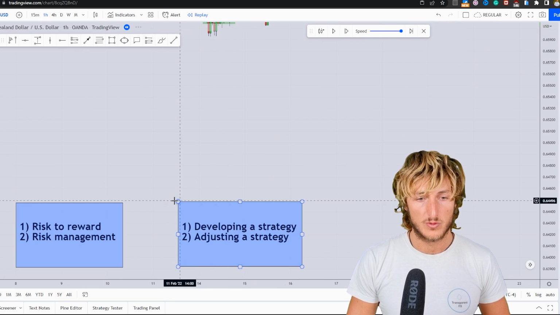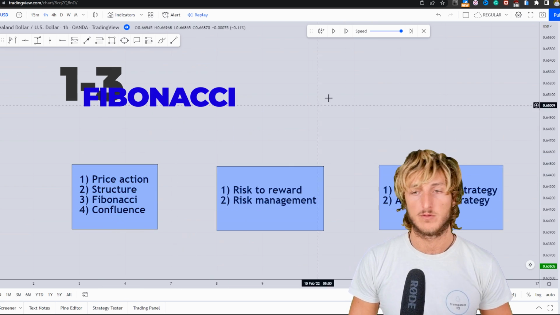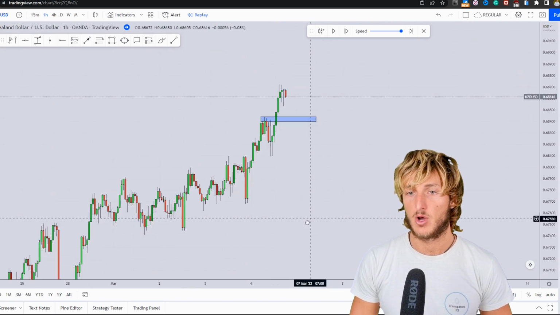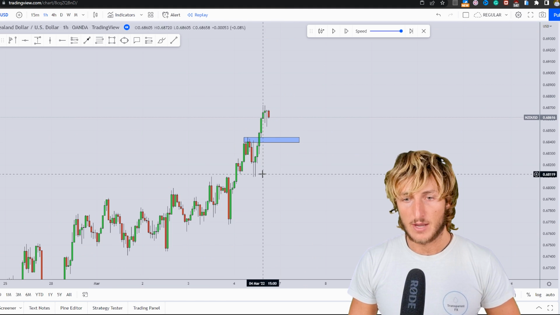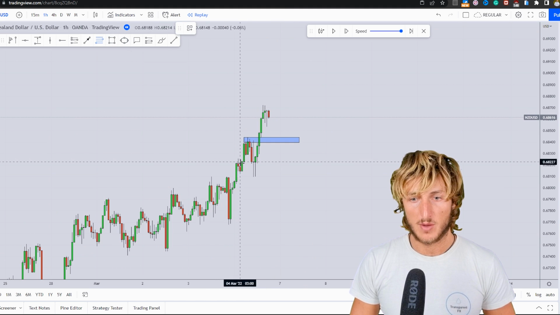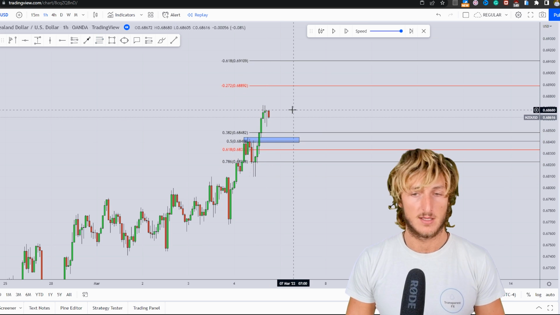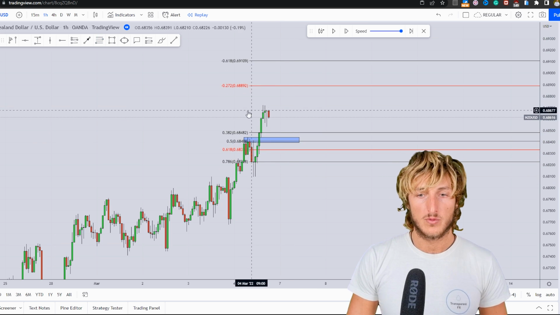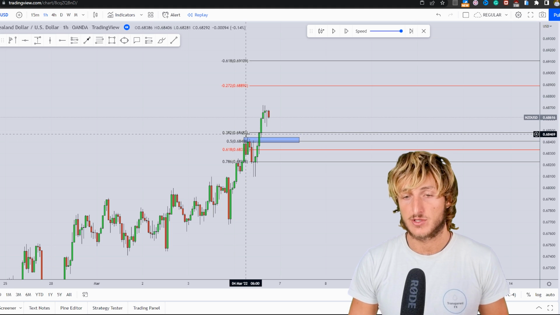Now we have to move to the third point, which is Fibonacci, and then we have to identify the confluence, right? To fill up all the rules of the strategy. So let's take our Fibonacci. Now, taking our Fibonacci from this low here to this high, what we can see is that in this case, the confluence would be at the first Fibonacci level that is above the structure as usual.